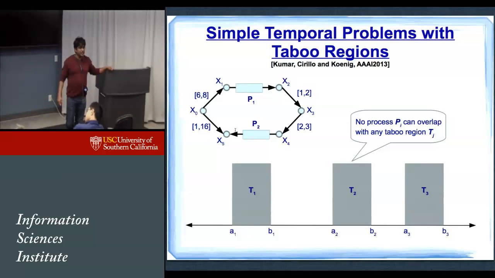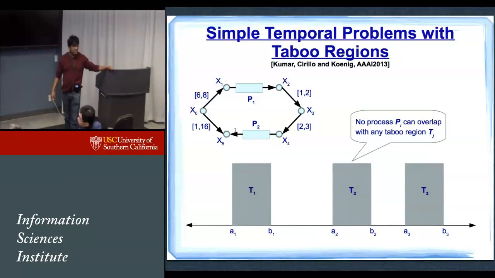And now the question is, can I find a schedule for all these events such that not only all the constraints here are satisfied, but no event gets scheduled within any of the taboo regions, plus none of the processes overlap with the taboo regions.